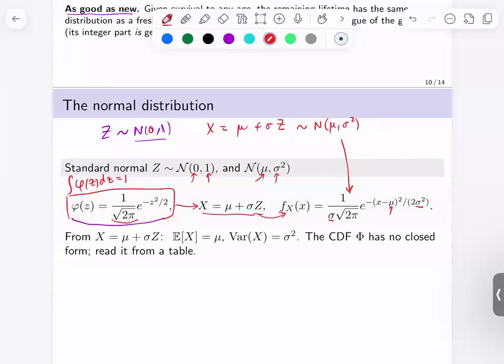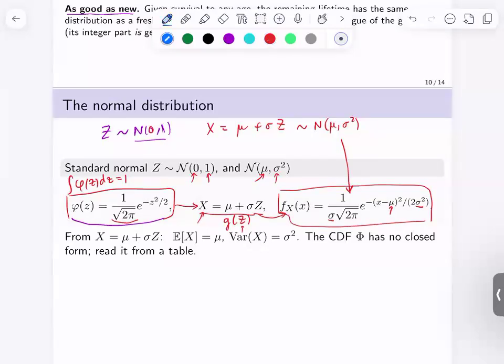We didn't discuss it, but this is like a g of Z. And if I know the PDF of Z, and I know the functional form of g, in general, I should be able to calculate the PDF of X. I'll maybe discuss this briefly at some point. But this allows you to derive this. We'll derive it later, maybe. But that's the form of the PDF of a general normal.